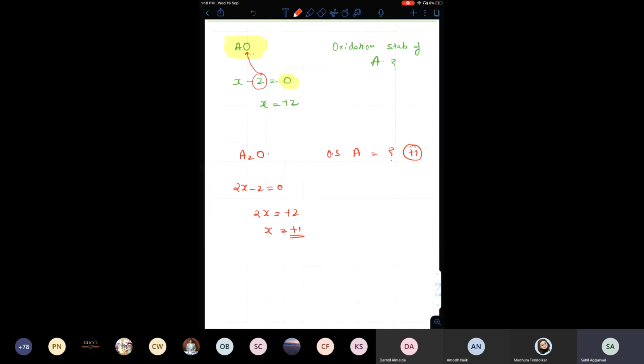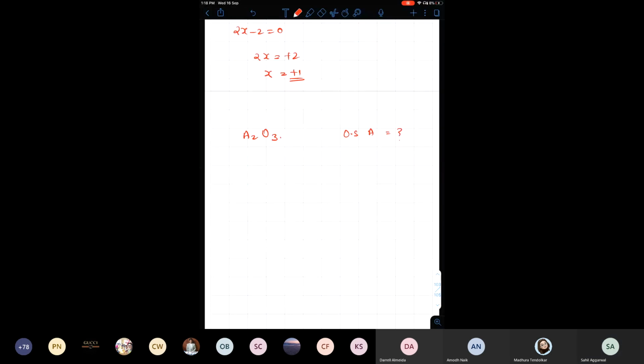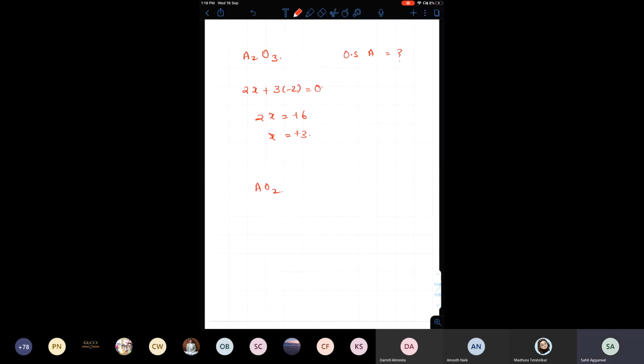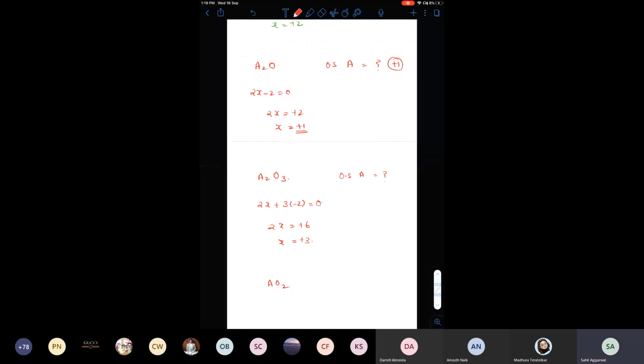बताओ. A2O3. AO2. Raghavi, please remember it is +3.